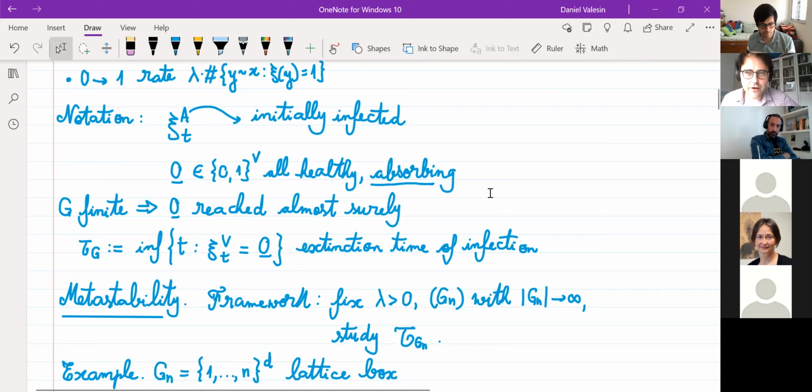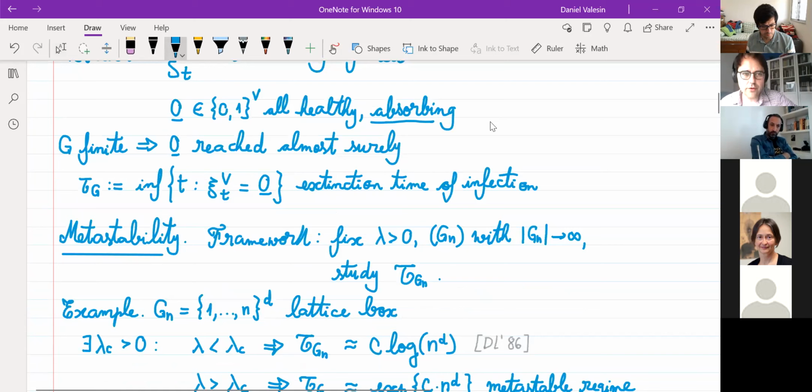Then I'll very briefly discuss what is understood by metastability in the context of the contact process. The framework to study metastability in the contact process is that we fix a value of the infection rate lambda, and we take a sequence of graphs G_n, typically from some natural sequence of graphs, for example boxes of Z^d or random graphs coming from a common random graph model.